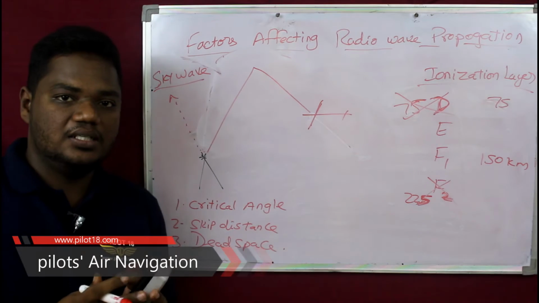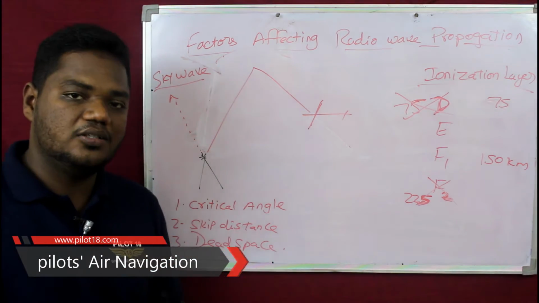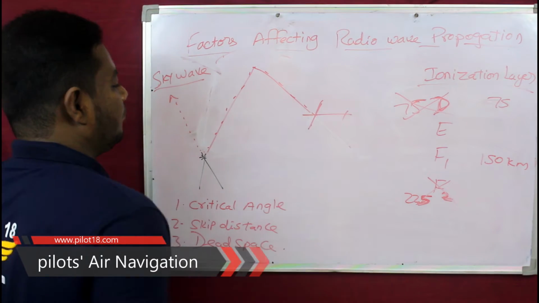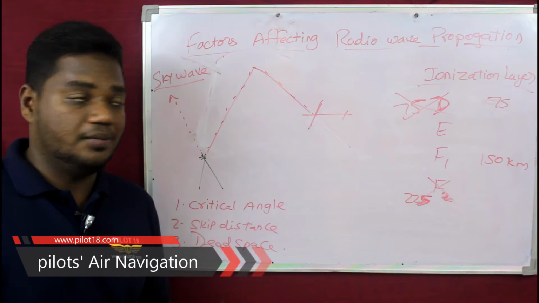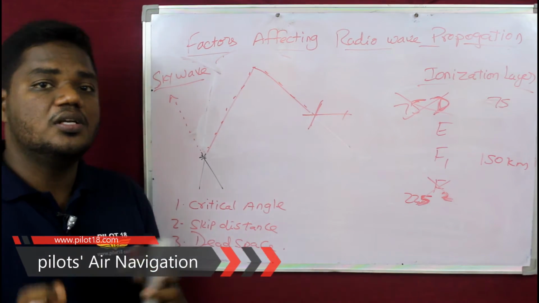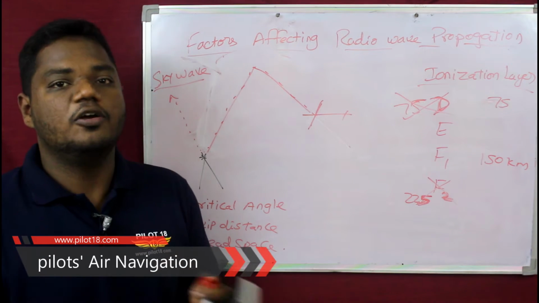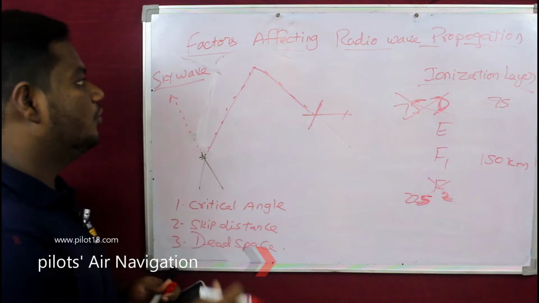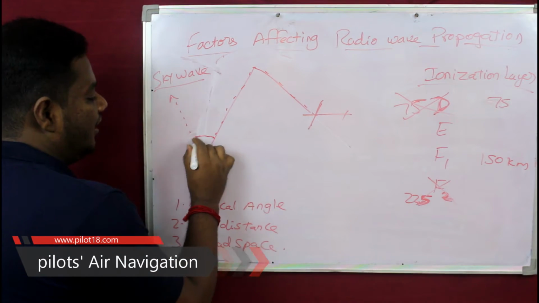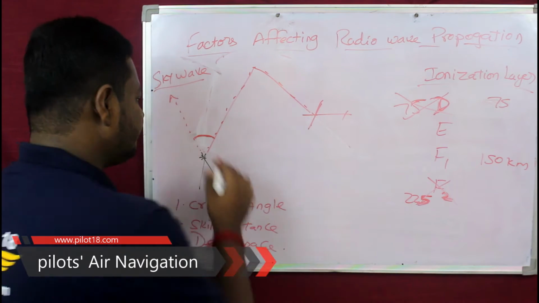There is one angle, at a particular time, at which the radio waves will get refracted and come back. Not always the same angle, because the refraction depends on ionization, and ionization depends on season, latitude, and the time of day or night. Because the ionization changes, the angle at which the wave comes back also changes.